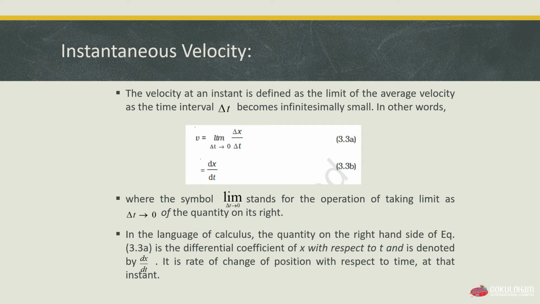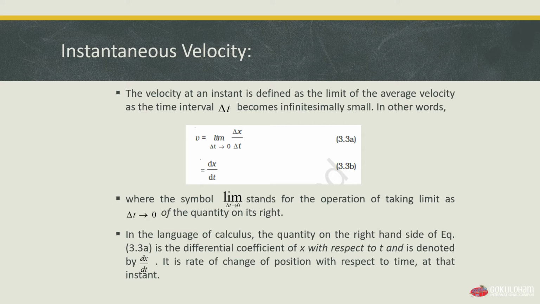It is the rate of change of position with respect to time at that particular instant. So we can say that velocity v equal to dx by dt is our formula to calculate instantaneous velocity.